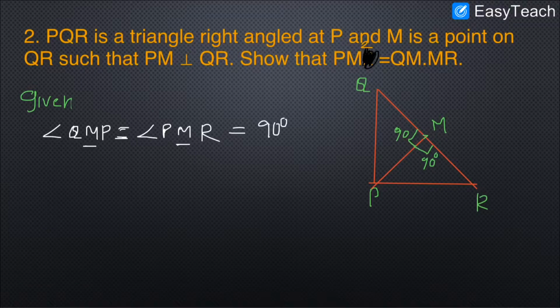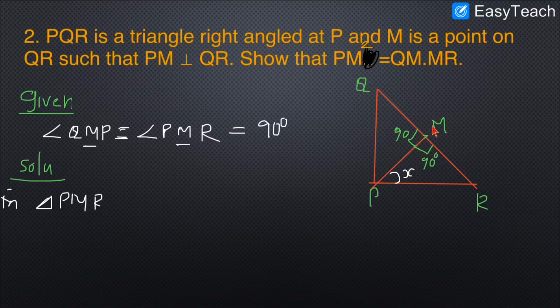Let's start the solution. In order to prove this, I take two triangles, QPM and MPR. First, let's take the triangle PMR. So in triangle PMR, let me consider the angle P as x. Then what will be for R? We know that the summation of all the angles in a triangle is 180 degrees, right?